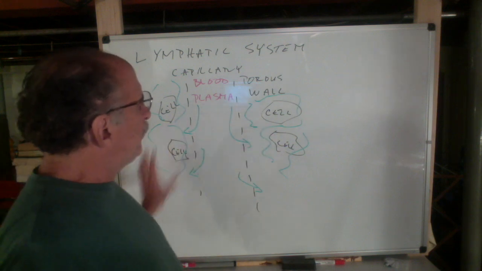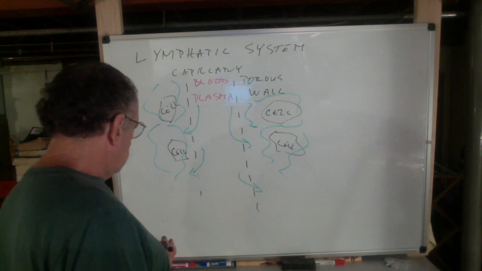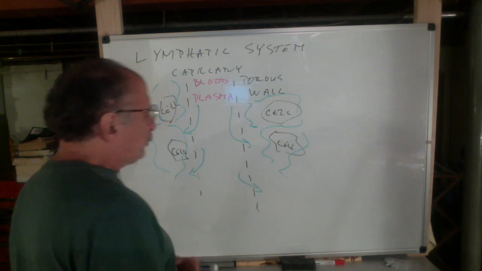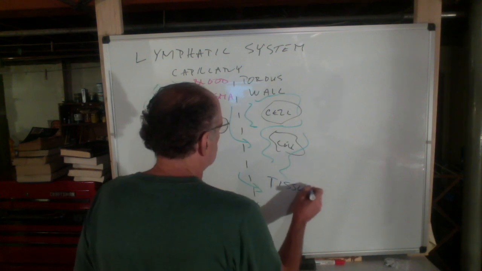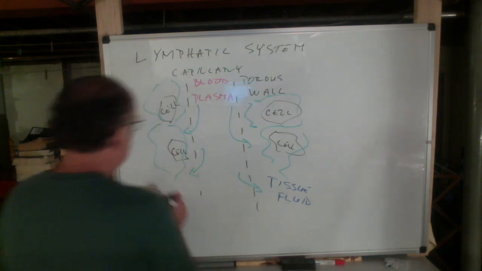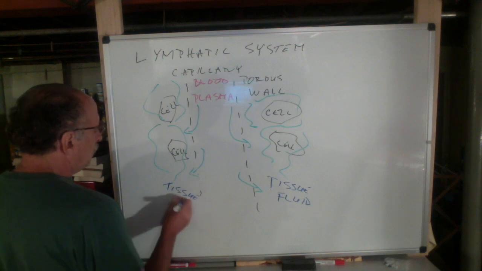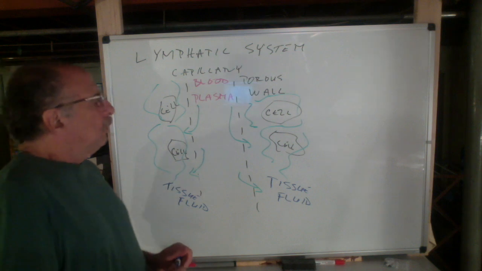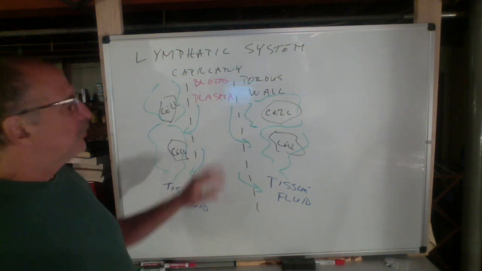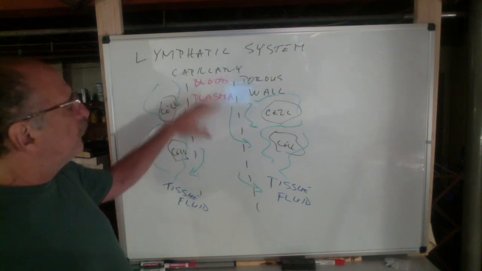The cells end up being bathed in fluid. And that fluid is called tissue fluid. So while it's in the blood vessels, it could be an artery, a vein, a venule, whatever, the fluid's called plasma.